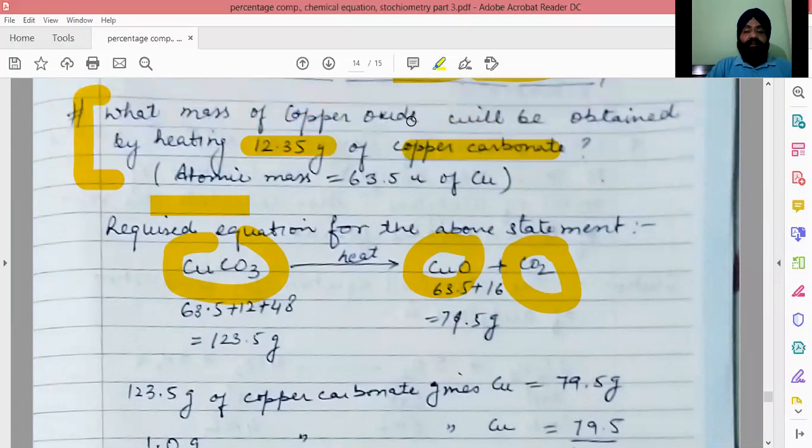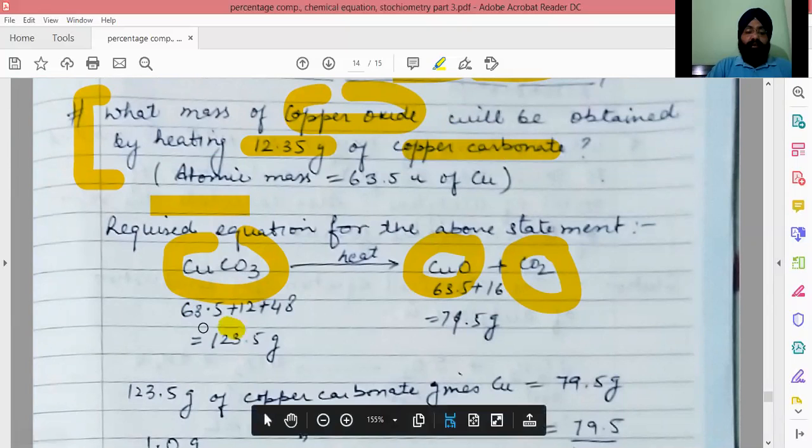Under consideration are copper oxide and copper carbonate, because copper carbonate mass is given and copper oxide mass is to be calculated. So we calculate the molar mass of these two species only. We have to do nothing with the carbon dioxide.